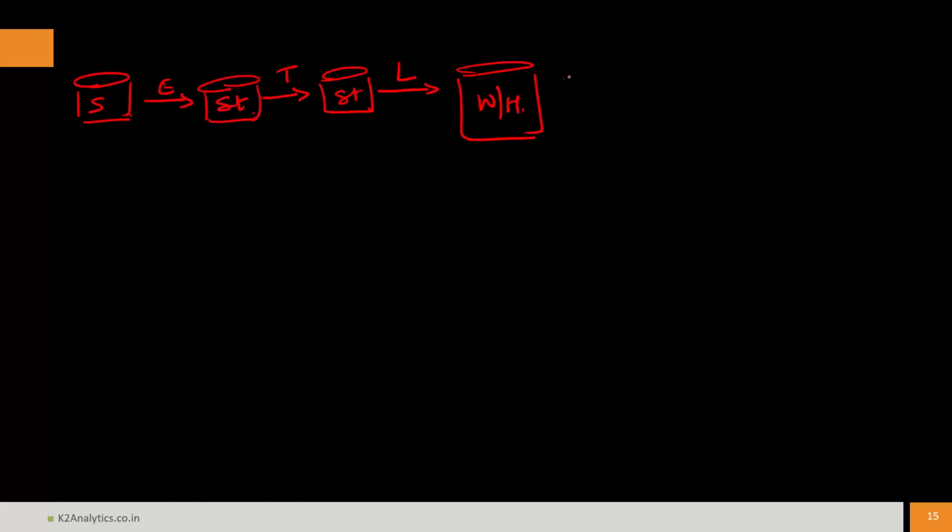Then on the warehouse you will apply certain aggregations, and these aggregations will again push the data in the warehouse. There will be certain tables which are data mart tables. Data marts are basically aggregated. So you will apply aggregations and push back in the same data warehouse where the aggregations will be residing. Okay.